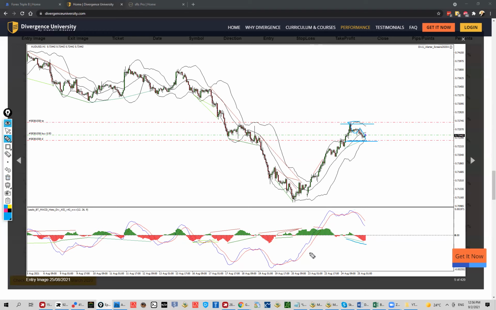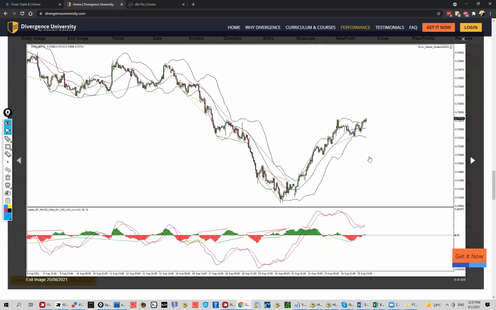Doesn't really matter. What matters is that this divergence very quickly ended by an opposite divergence inside the box. So what all this is telling me after this push up is that we're likely going to continue up with this momentum. I know that if this box right here is broken, I'm probably going to the next zone right there. And that's pretty much what I have to say about this one.